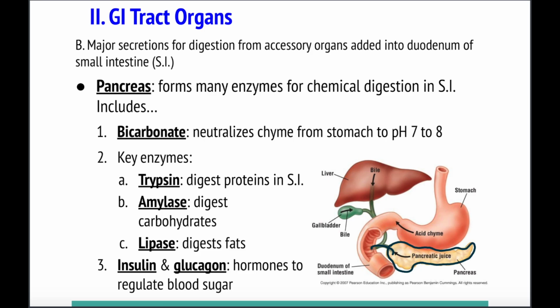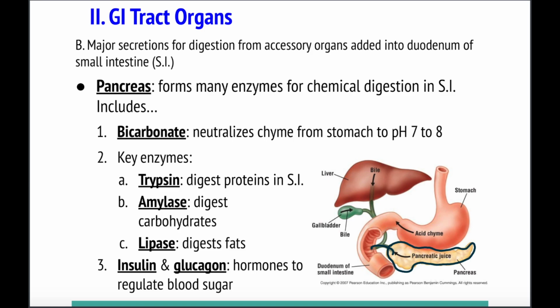In addition to this, the pancreas also makes a bunch of enzymes. So some of these enzymes include trypsin, which is an enzyme that digests protein in the small intestine, because pepsin from your stomach won't work anymore. It also makes more amylase to add to the small intestine, because the amylase made by your salivary glands in your mouth is no longer active. So this can help add more carbohydrate digestion in your small intestine, as well as lipase.